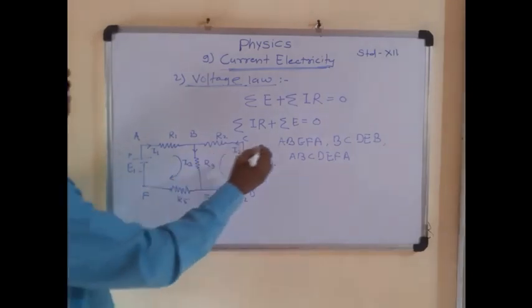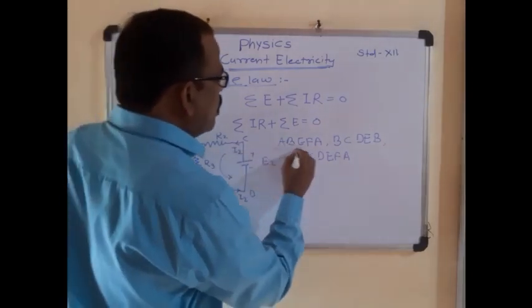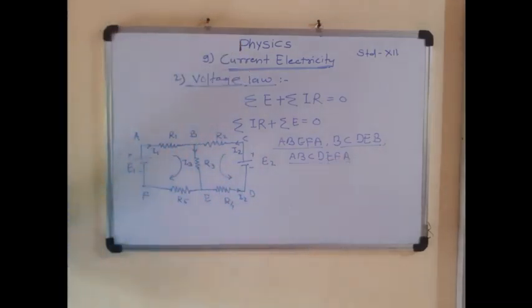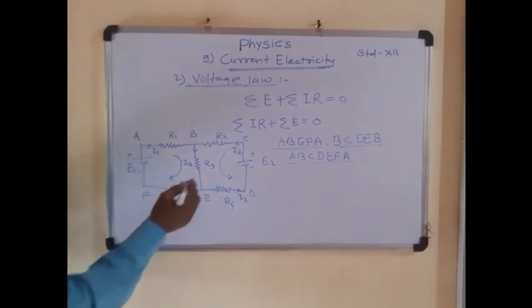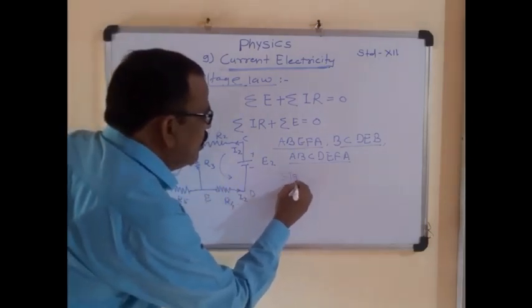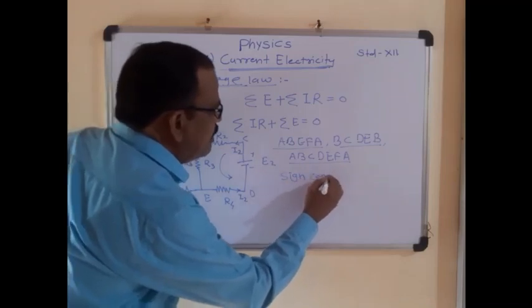Therefore, we have to apply Kirchhoff's voltage law for all circuits, and we can write the equations. Before writing the equation, we explain the sign convention. What is the sign convention?